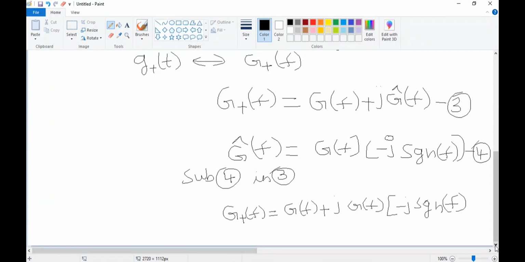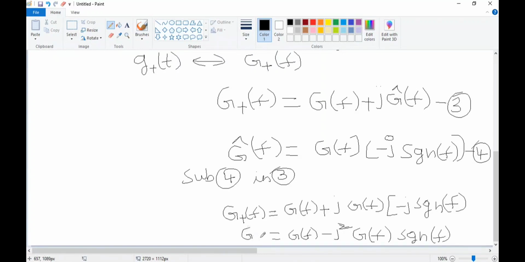So this is equal to G of f plus, it will become minus j square, G of f into signum of f. Right?